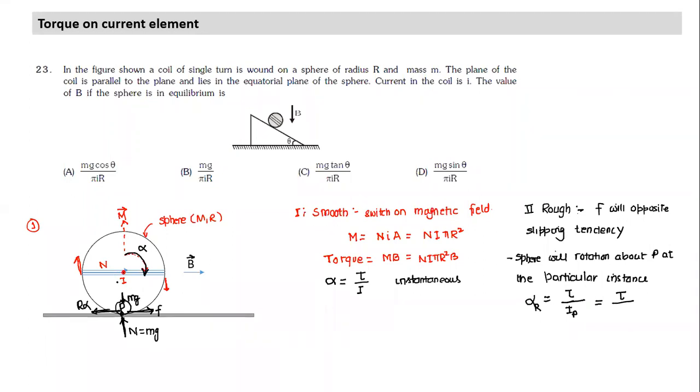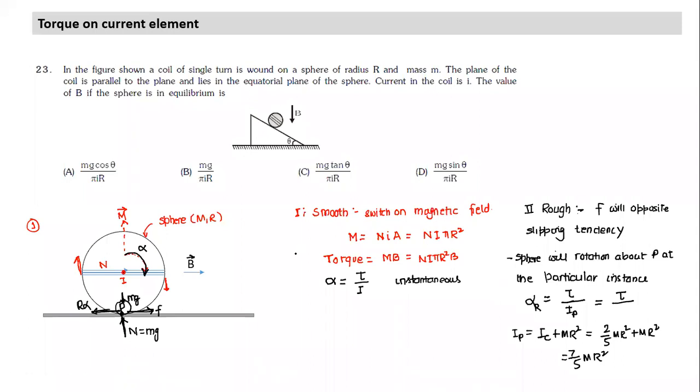I_P will be I_CM plus MR squared, which is 2/5 MR squared plus MR squared for a sphere. So I substitute, which becomes 7/5 MR squared. Accordingly, I substitute here and get alpha. So this is how it will behave in these two cases.